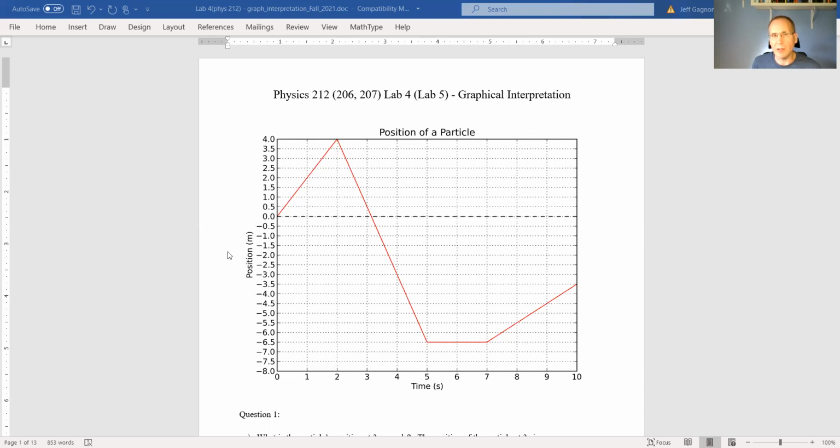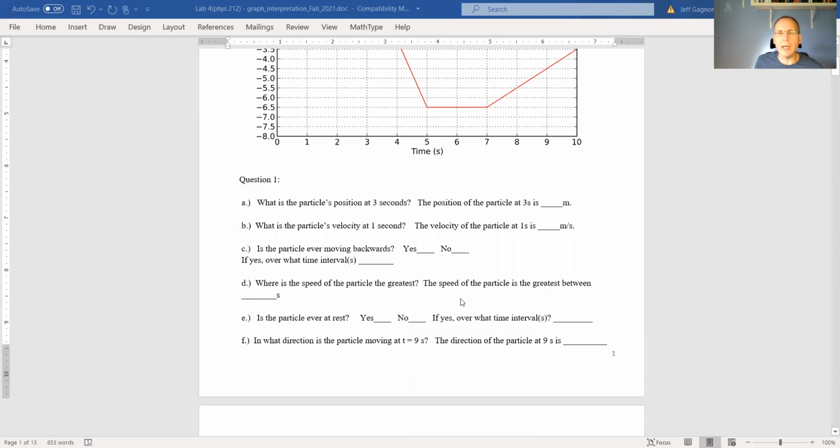You can think of it as moving along the x-axis, either in the positive or negative x-axis direction, back or forth, or it could be at rest. Given this position versus time graph, I want you to answer these questions based on that particular graph. That's the first question.